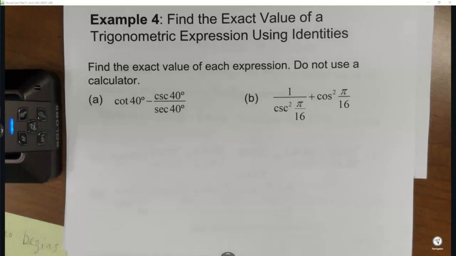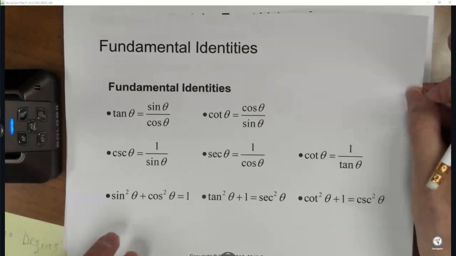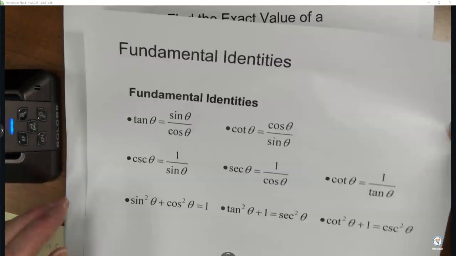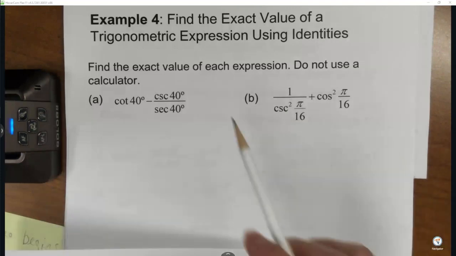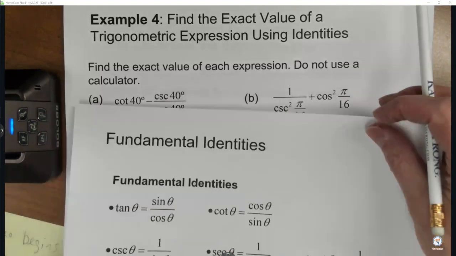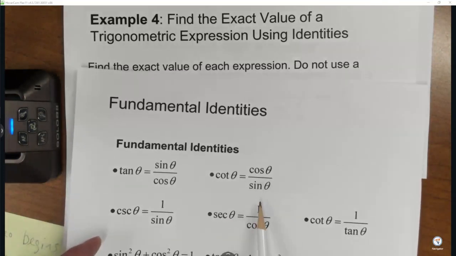Okay, so now we want to take a look at what happens when we put some of these fundamental identities to use here. I'm really not doing anything too terribly complicated. I'm just going to rewrite these in a way that will help me simplify this. So if we think of the cotangent of 40 degrees, remember we can write a cotangent as a cosine over a sine.